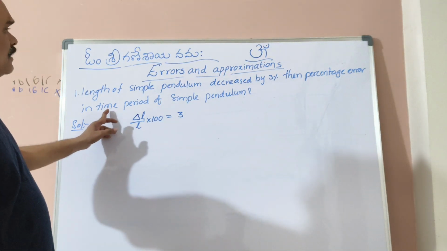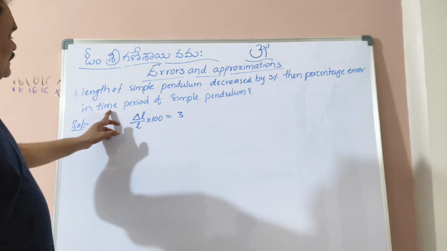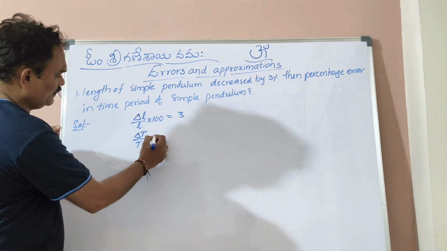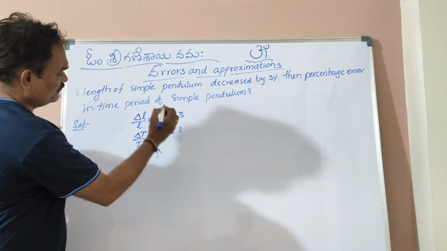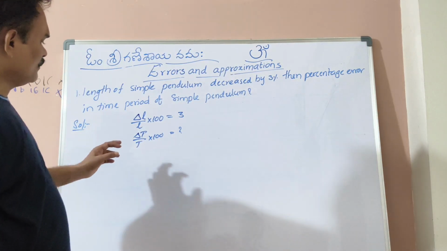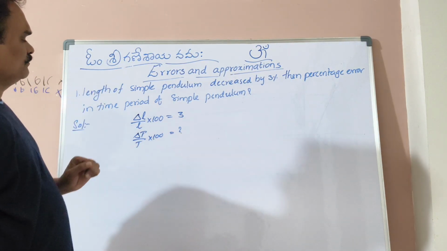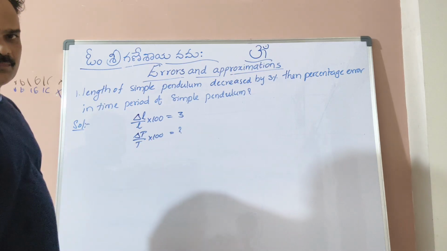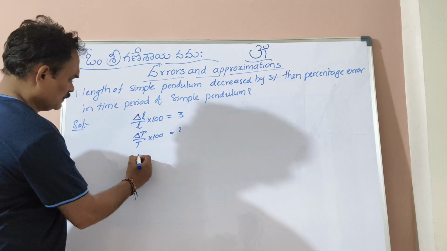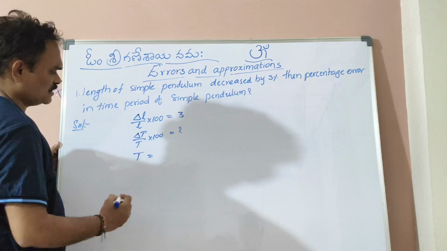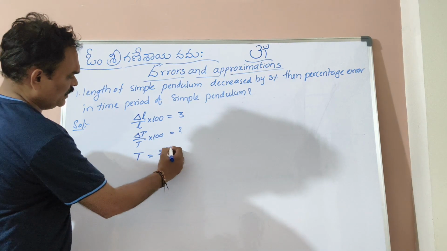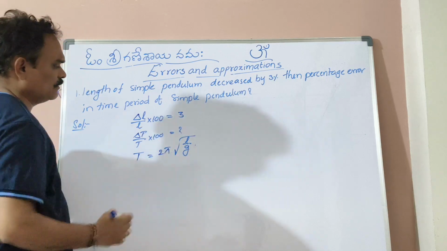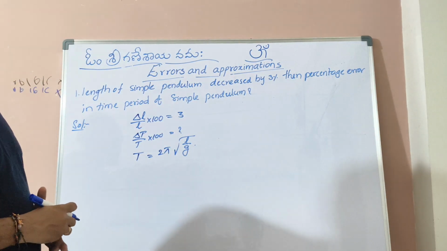Then what is the percentage error in the time period, which means we have to calculate delta T by T into 100. For that we need a formula of the simple pendulum, which is the relation between the time period and length of the simple pendulum. So here the time period of the simple pendulum T equals 2 pi into under root of L by g.